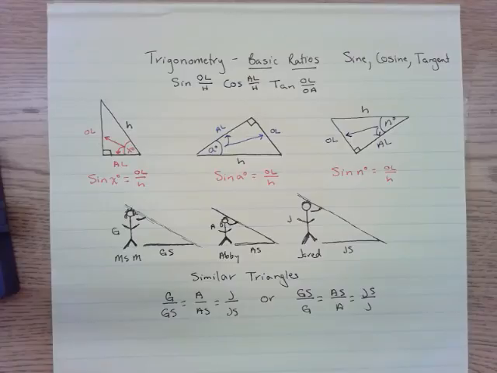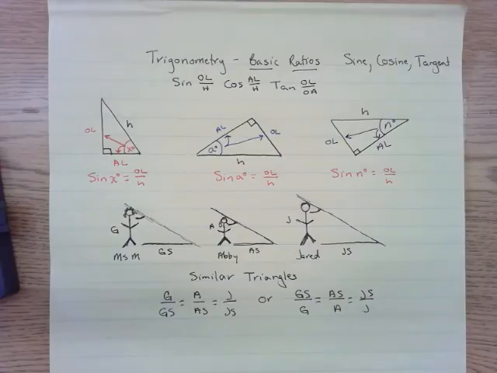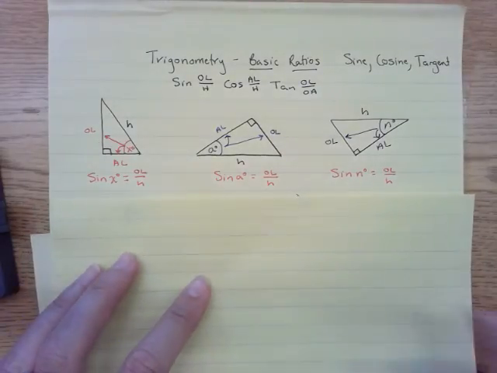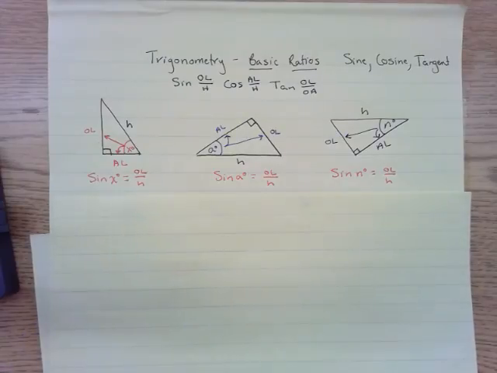I can also make all of the other ratios with this. So I'm going to leave that up there, and I'm going to make the other ratios with this. And I'll do this just in blue. Okay? So, what is the cosine?